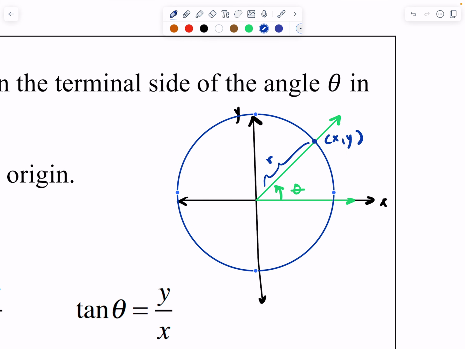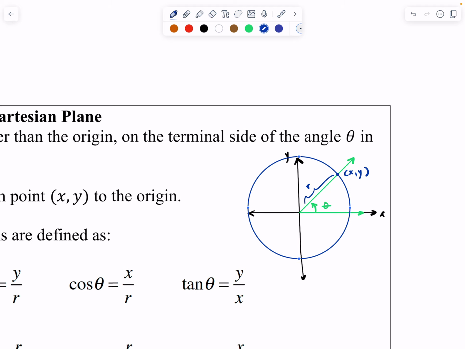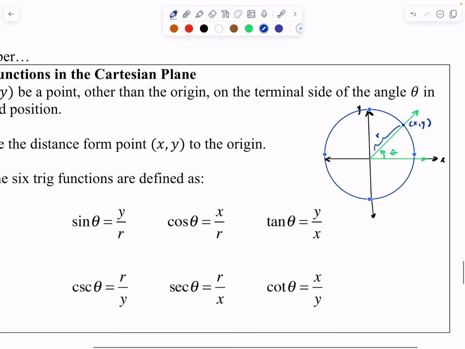And since the radius, remember in the unit circle, the radius would be 1. All of the points that lie on the unit circle would be a distance of 1 from the origin. And that's why we're able to use the unit circle as a reference, because r would be equal to 1, meaning that sine of theta is equal to y, cosine of theta is equal to x, and so on.